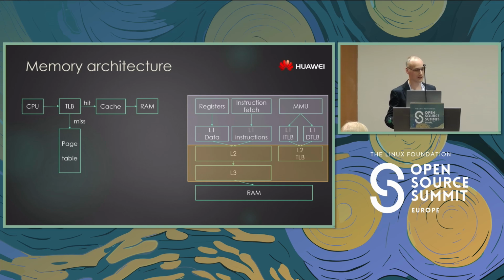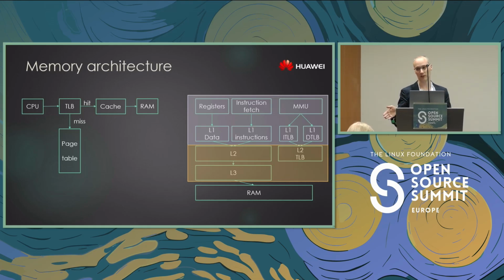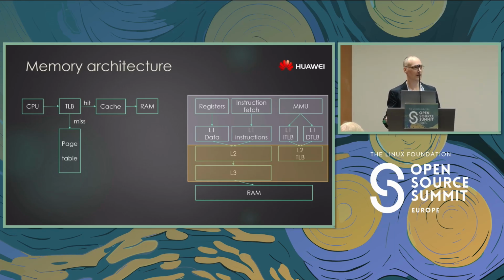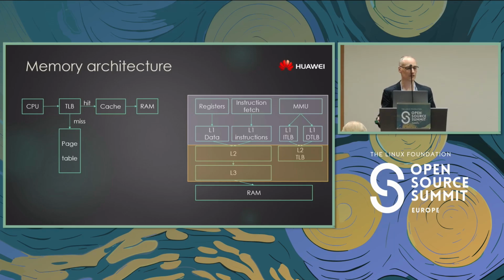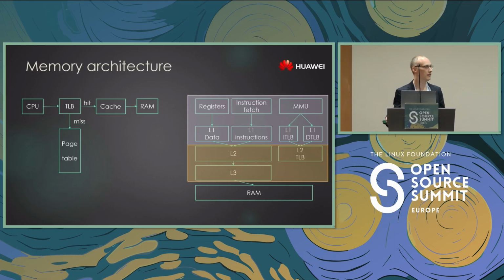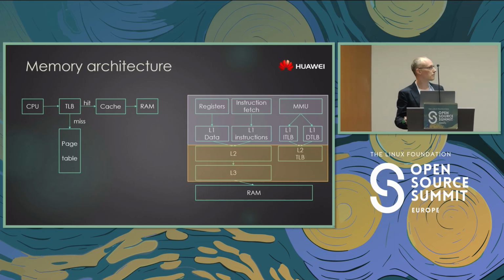You probably already know that in Linux, tasks use virtual memory addresses, which need to be translated to physical memory addresses. We use a page table to do that. Modern processors have a TLB, which stands for translation lookaside buffer.